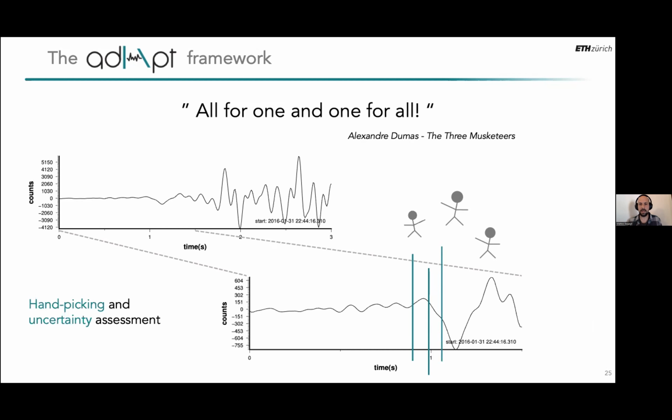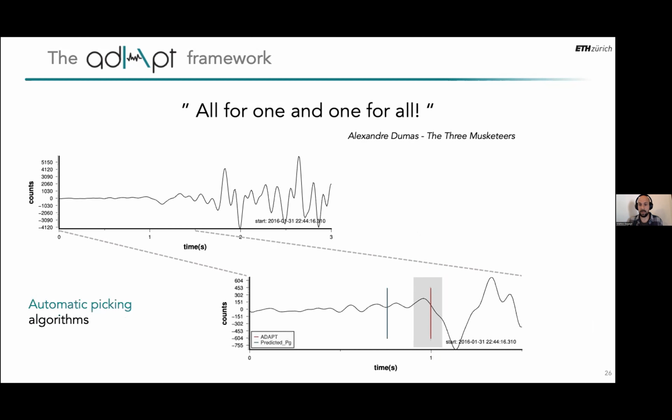The difficulty is for them to be consistent throughout their picking session in order to be able to provide a consistent uncertainty assessment. This point is actually well handled by automatic picking algorithms that, in fact, behave the same way if provided with the same waveform.